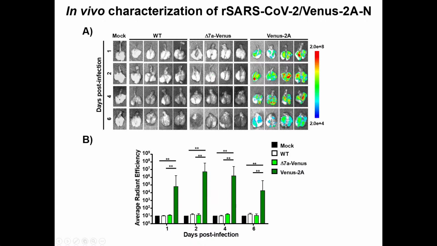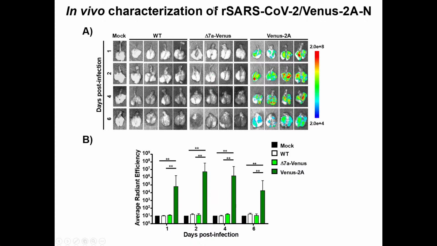As you can see here, we can easily detect Venus expression in the lungs of mice infected with the virus expressing Venus from the nucleocapsid locus at all days post-infection.